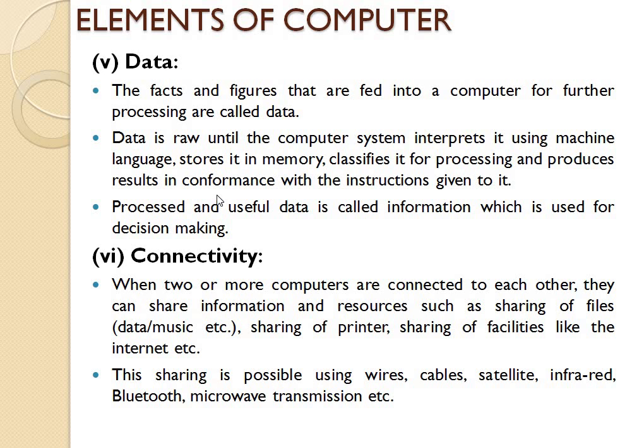Until நம்மளுக்கு result produce பண்ணுற வரைக்கும் data ராவாகத்தான் இருக்கும். ஓகேவா, so processed and useful data-வைத்தான் we are calling it as the information, which is further and future used for decision making. Okay, so again data and information is an important two mark question.